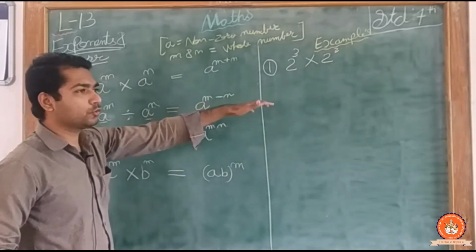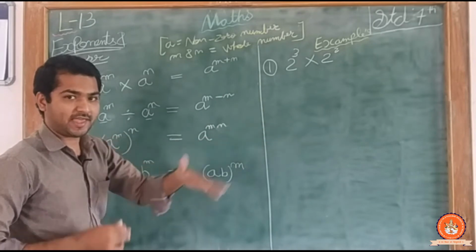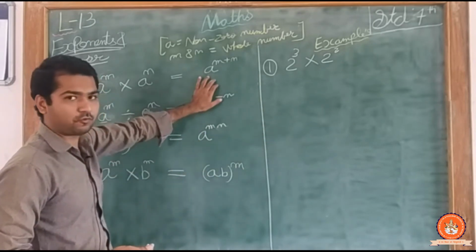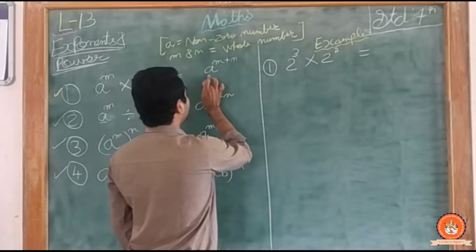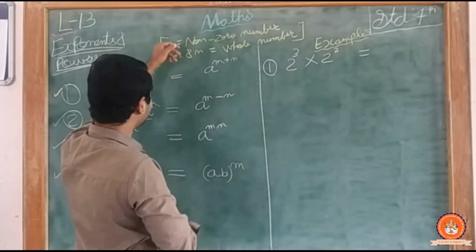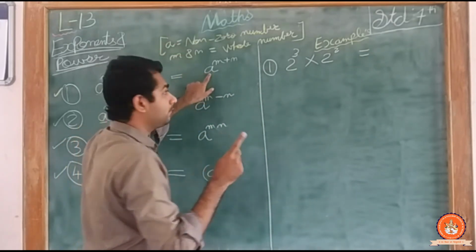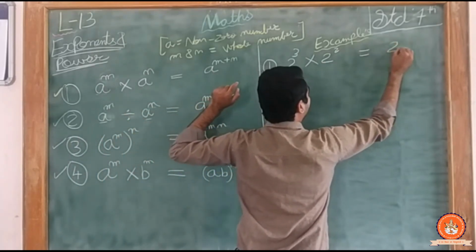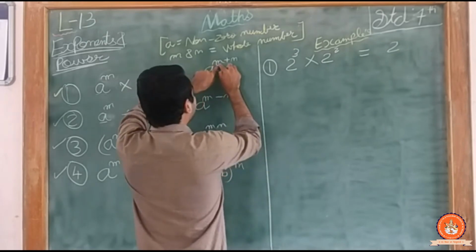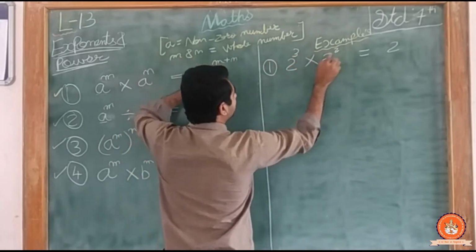Now I have to simplify it in the exponential form, in this form. So it is equal to, what is the form? See here, a means 2. Here is a 2 in place of a, I will write 2. And here m plus n means 3 plus 2.